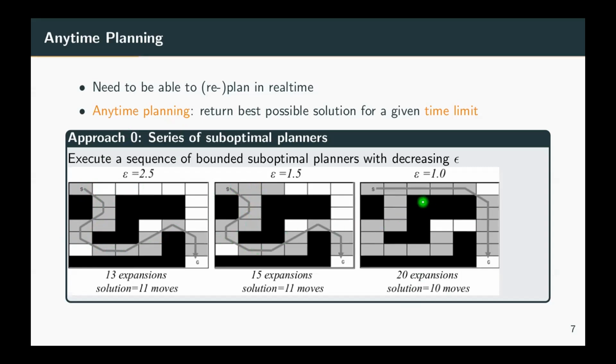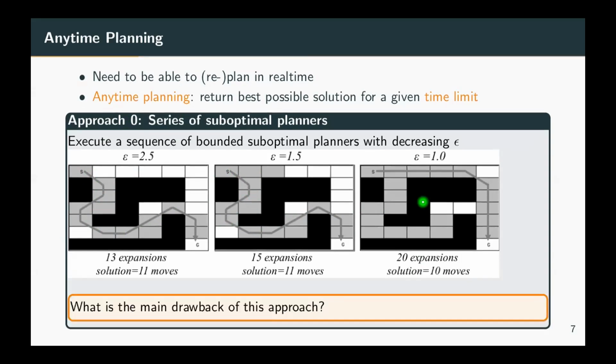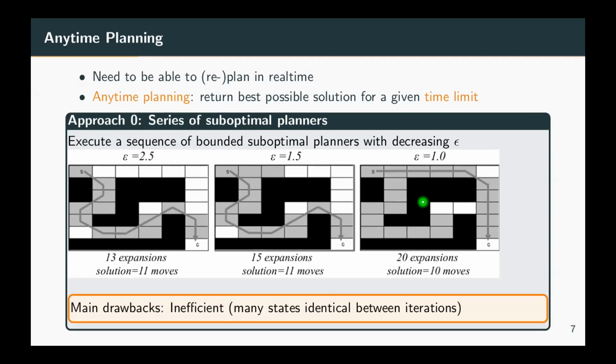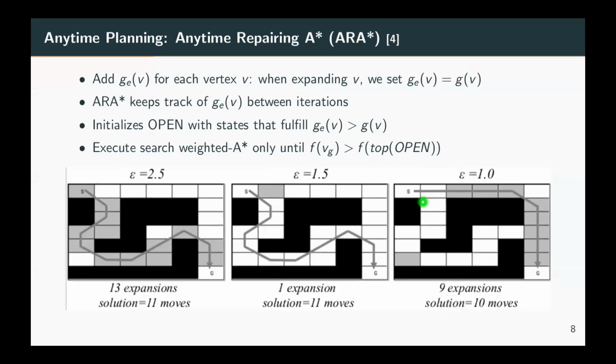And in the third one, we still expand the original cells and the 2 additional ones, and on top of it another 5 additional ones. So it really seems like we waste a lot of our computational effort here. So there are many repeated states between iterations.